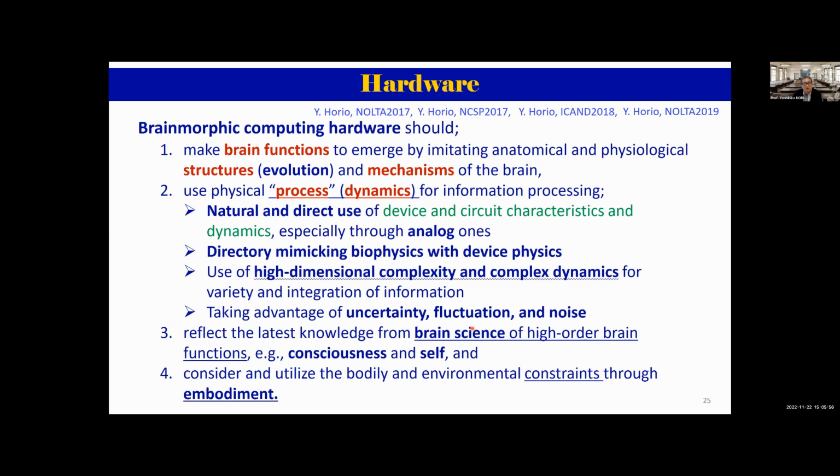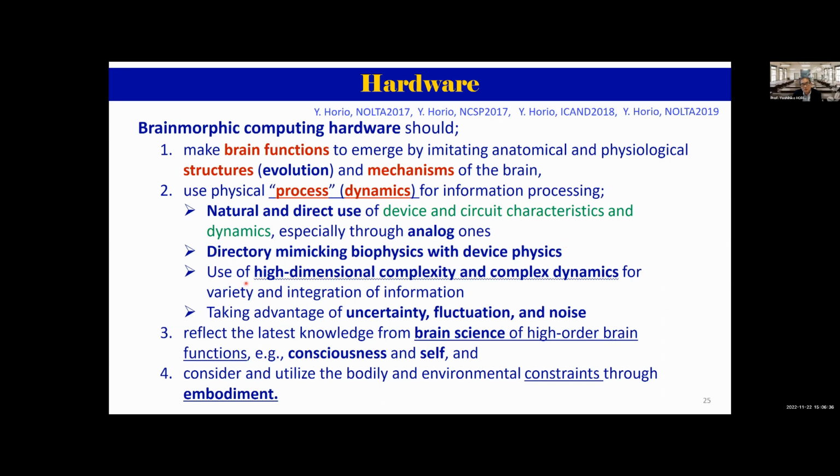How about the hardware? Brain-morphic computing hardware should make brain functions emerge, not by design, but by imitating anatomical and physiological structures and mechanisms. It should use process or dynamics for information processing by naturally and directly using the device and circuit characteristics and dynamics, which directly mimics biophysics with device physics.